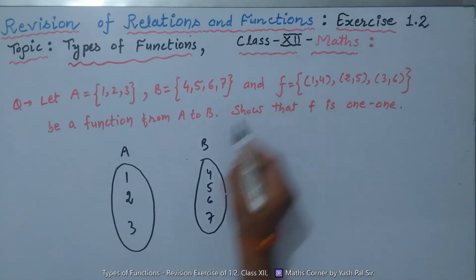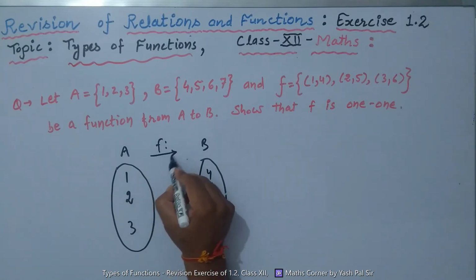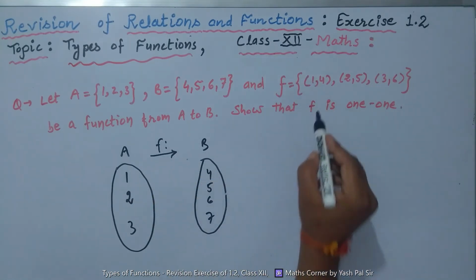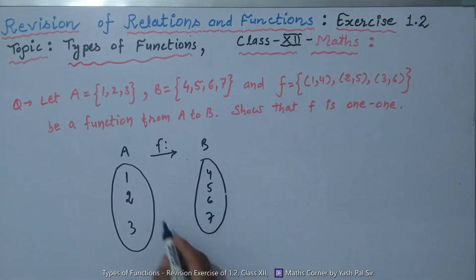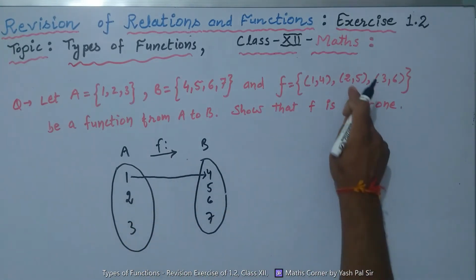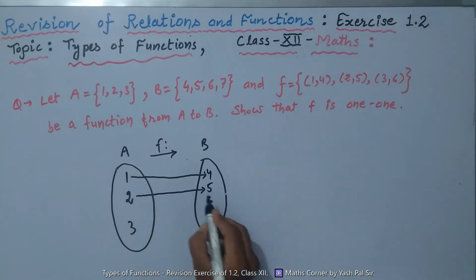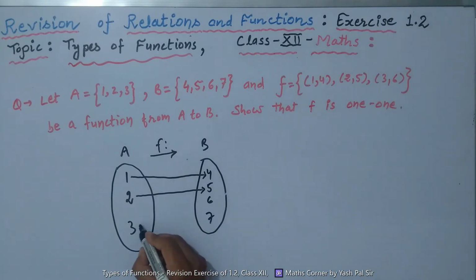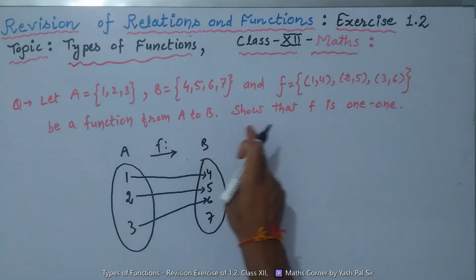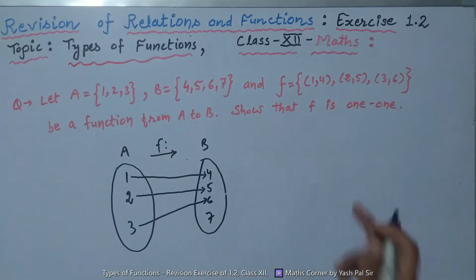And what is the mapping f? f is a mapping from A to B such that the ordered pairs are (1, 4), 1 is related with 4, 2 is related with 5, and 3 is related with 6. So obviously this is a function from A to B. Show that f is 1-1.